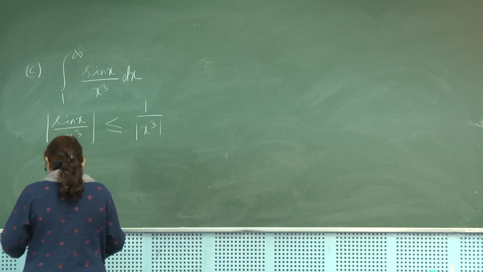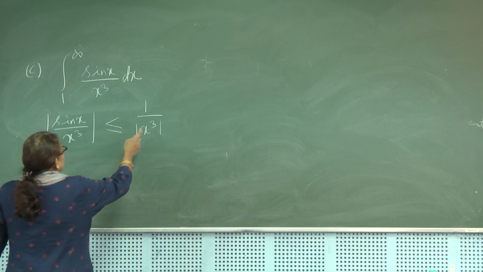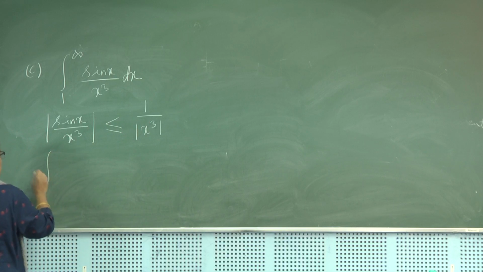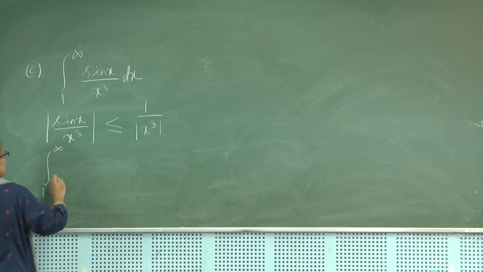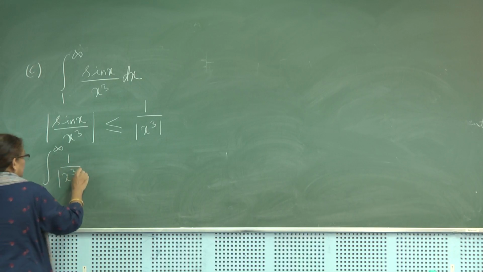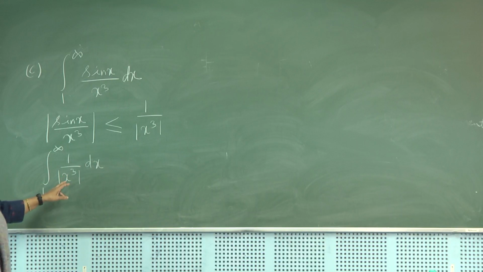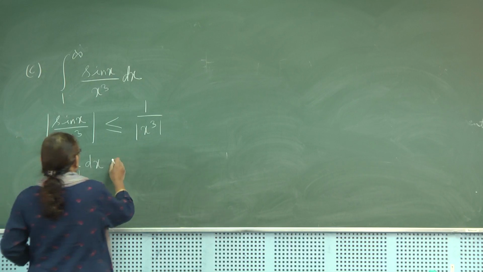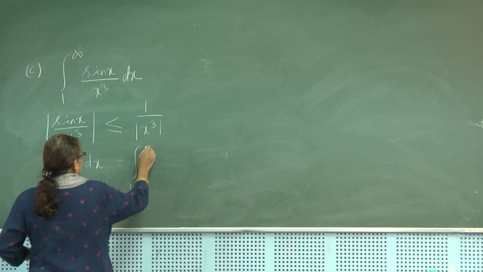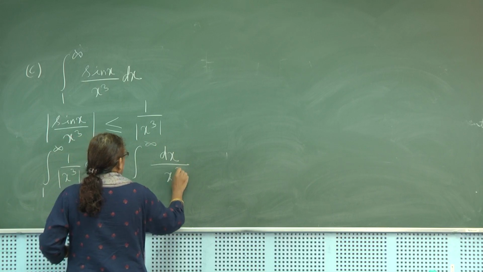Well, for this improper integral we now consider integral of 1 upon absolute value of x cube dx, but here x varies from 1 to infinity in this range. So, x is always positive, and hence we can write this improper integral as dx by x cube.